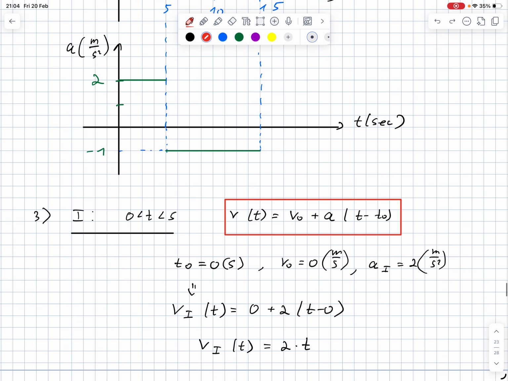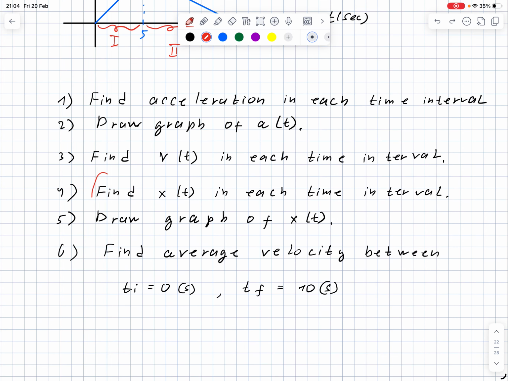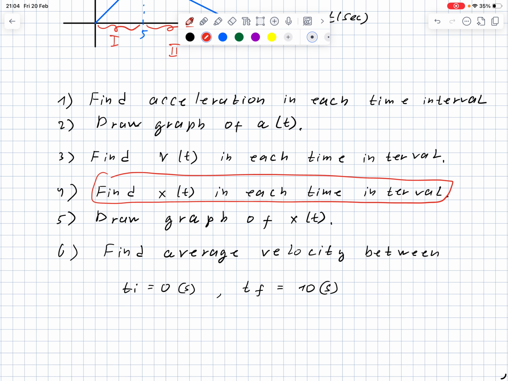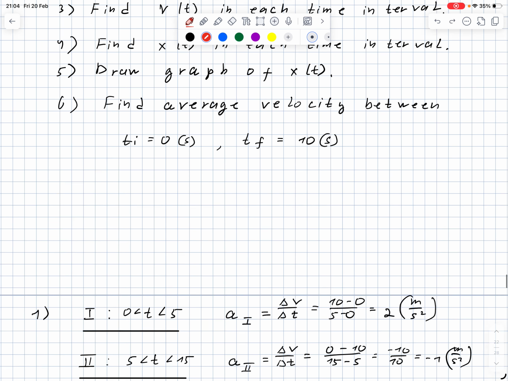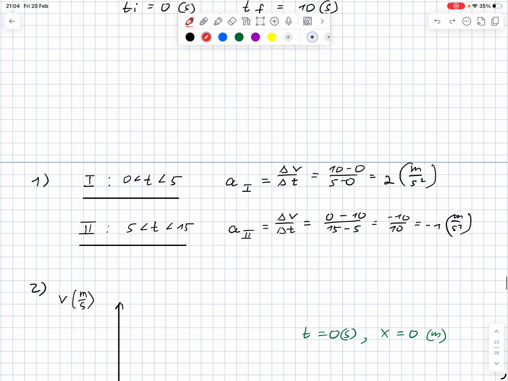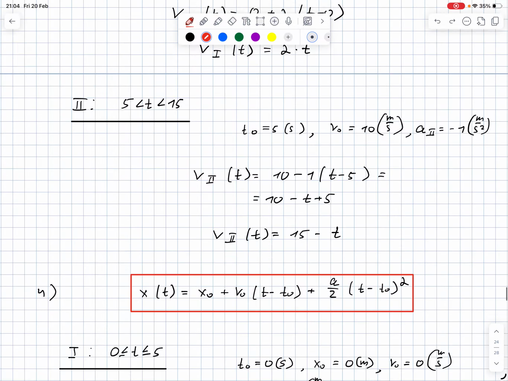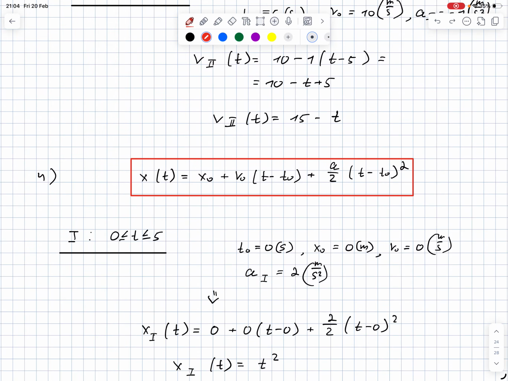Okay, next part. Find the function of x of t in each time interval. We will begin with the first part, of course, because we know this condition. We're going to use this formula for each time interval.